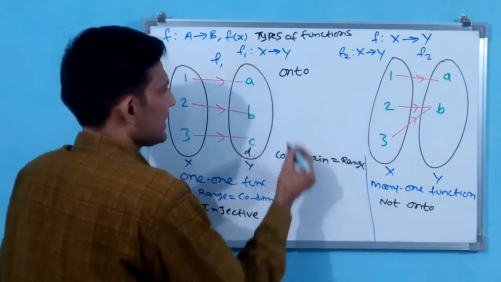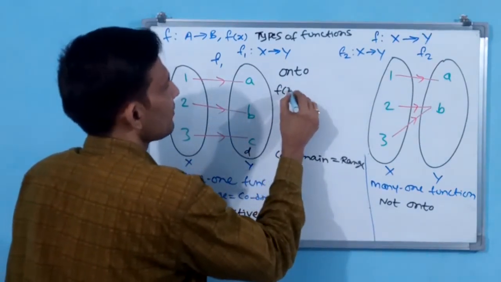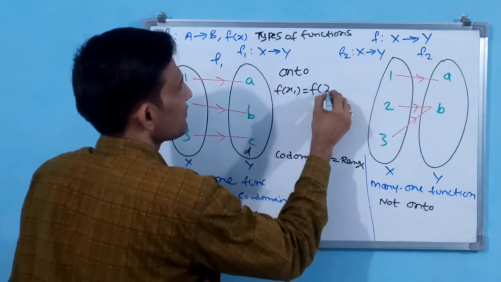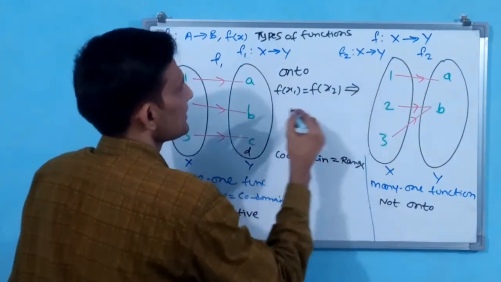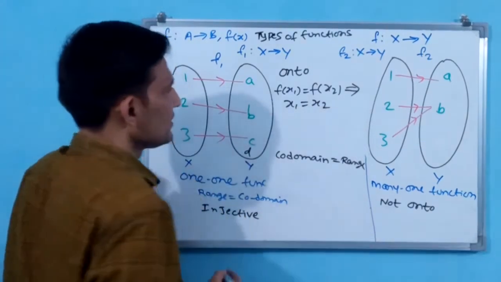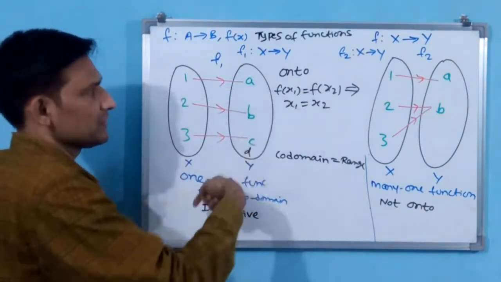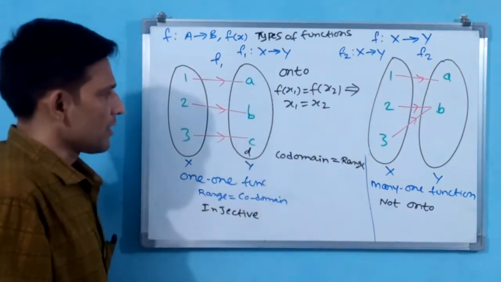And I have also shown you how to represent this function. See, let me write once again. The one one function representation you have to write like this: f of x1 is equal to f of x2 implies x1 is equal to x2. For one one function only I am talking about.